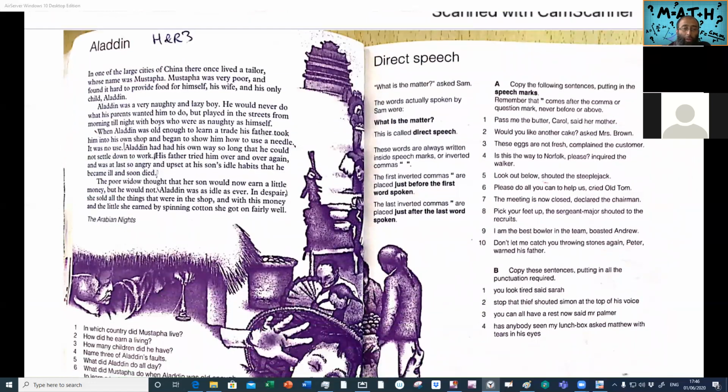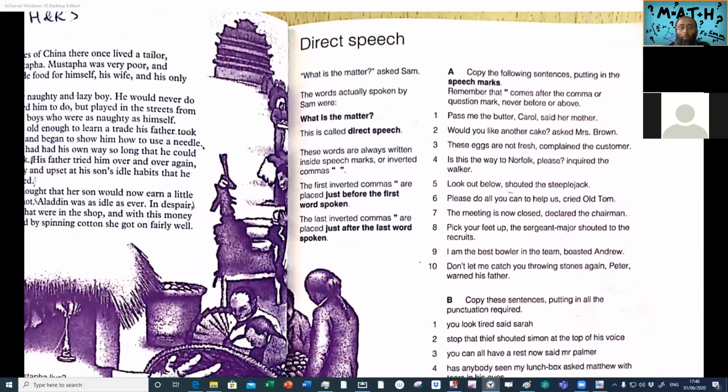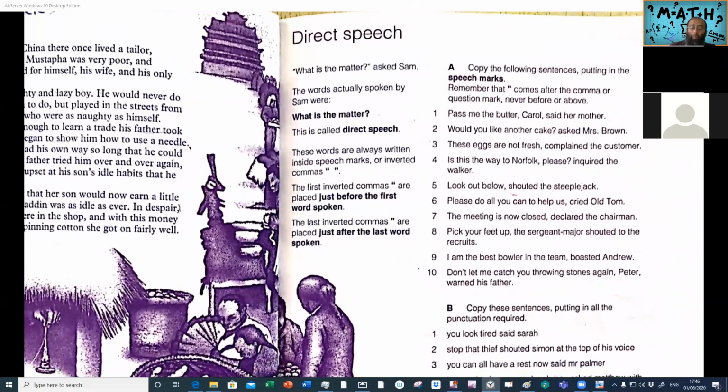So Aladdin is a comprehension for you guys to do for homework. Okay, direct speech. Now, let's have Aisha, please. Aisha, can you read for the class, please? This part here. Read. "What is the matter?" asked Sam. The words actually spoken by Sam were, "What is the matter?"